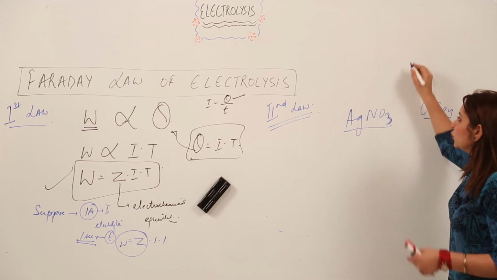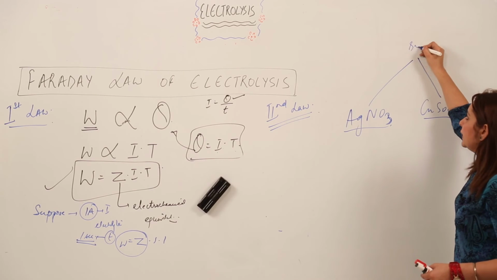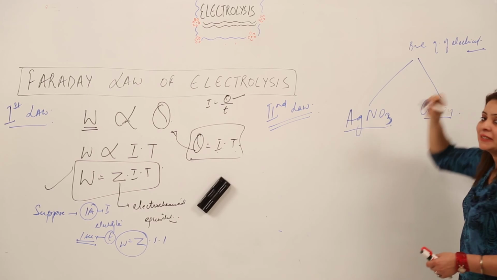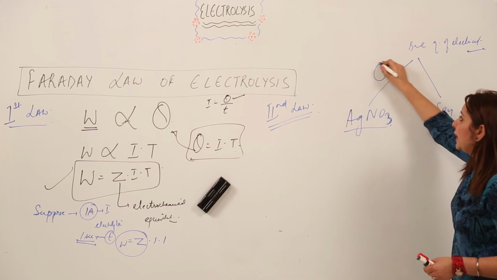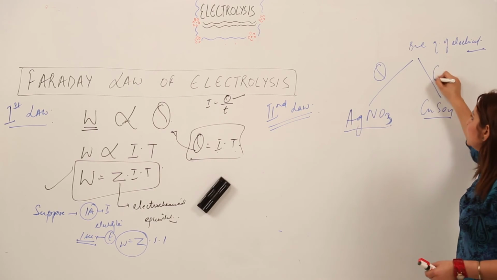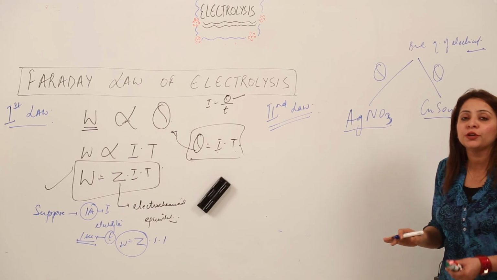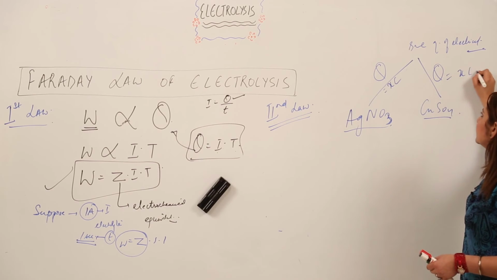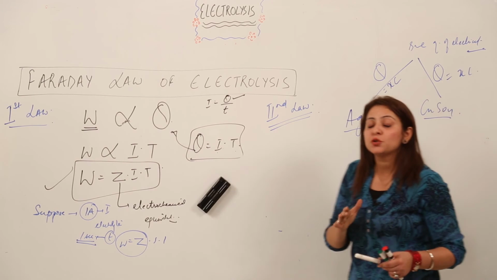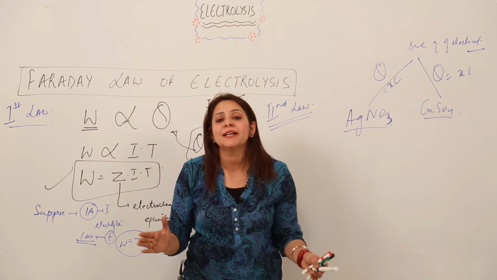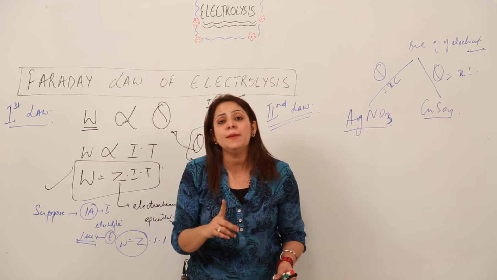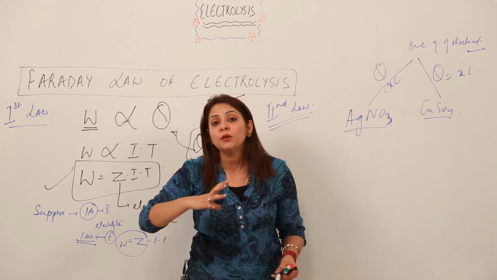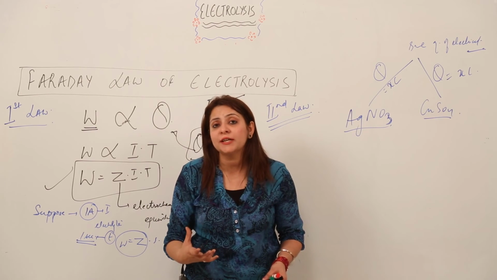I am passing the same quantity of electricity, that means if I am passing Q through AgNO3, I am passing Q through CuSO4. Suppose I say X coulomb, then again it is X coulomb. I have taken different electrolytes, but I am passing the same amount of current through them. Then what weight of the substance do I get after electrolysis?